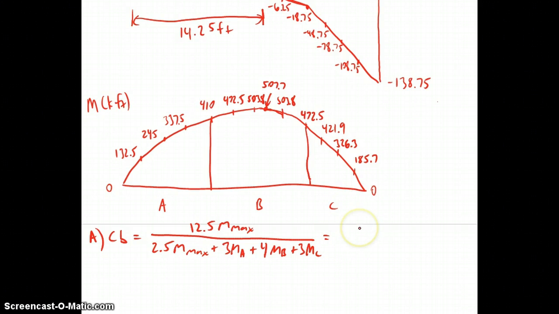So plugging in our values for segment A, we have 12.5 times 410, and I'll leave off units just to make things a little bit less cluttered.